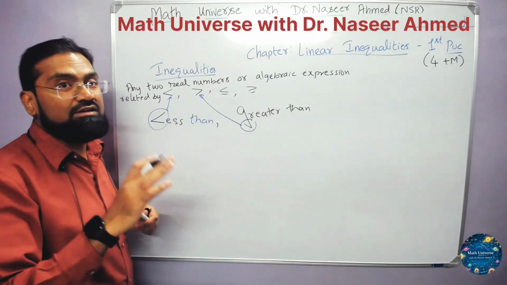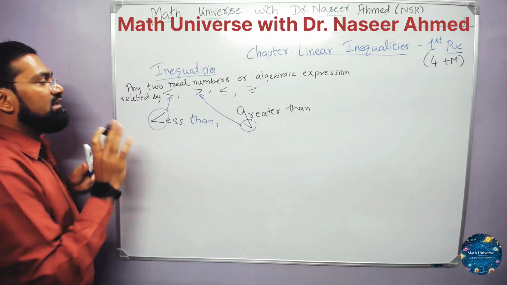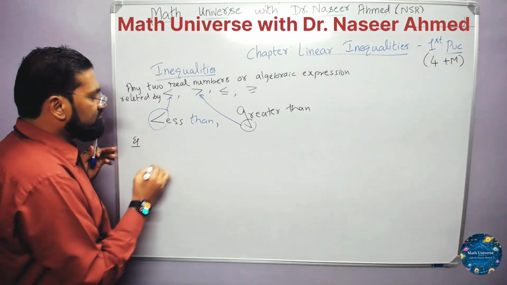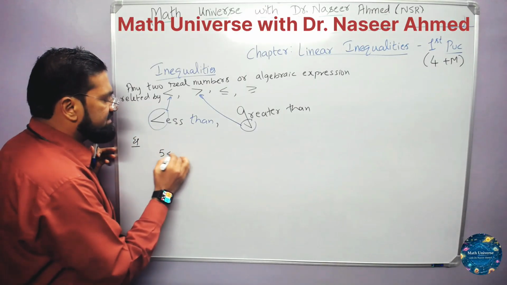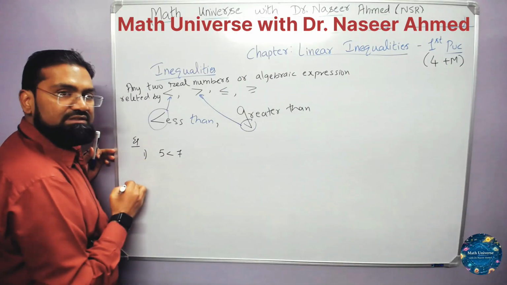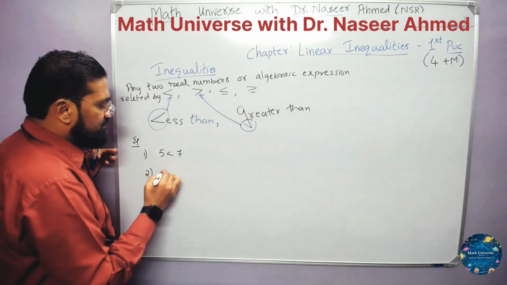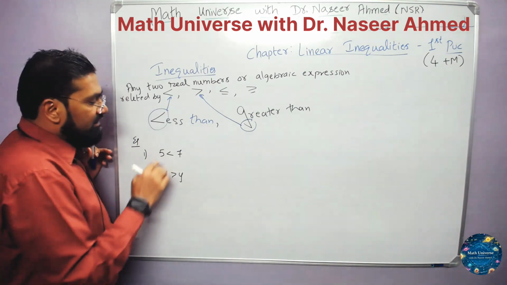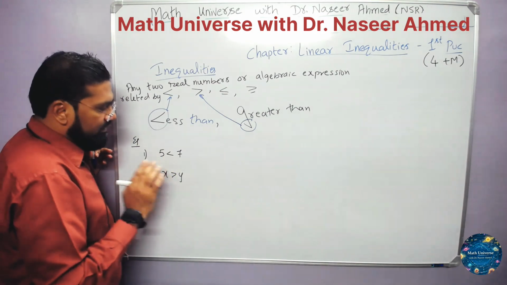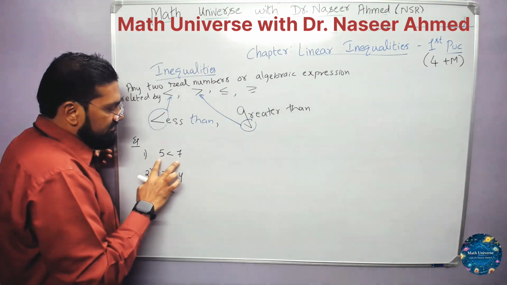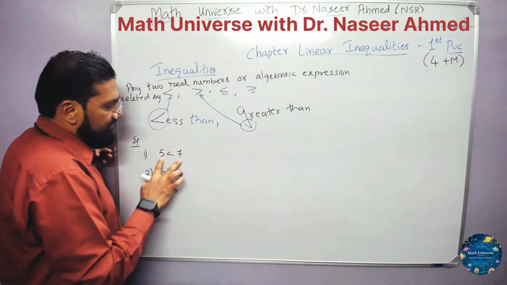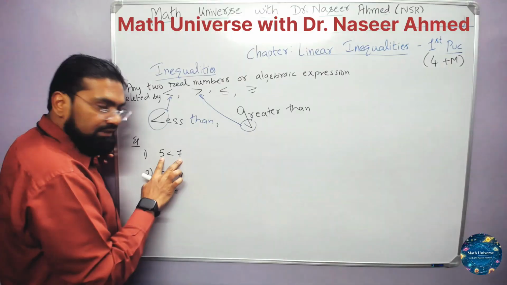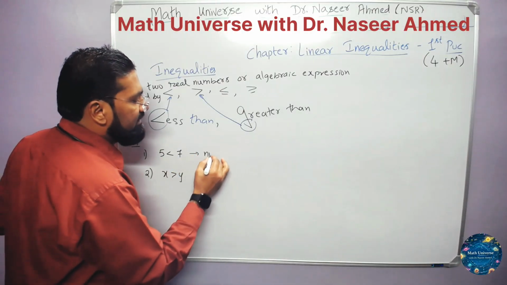Now we have got some types of inequality. Let's first have some examples. If I have two real numbers, 5 is less than 7. One more, let's suppose x is more than y. First of all, we have inequality, but here the two numbers are related by the inequality less than. Whenever we have numbers, we call this numerical inequality.